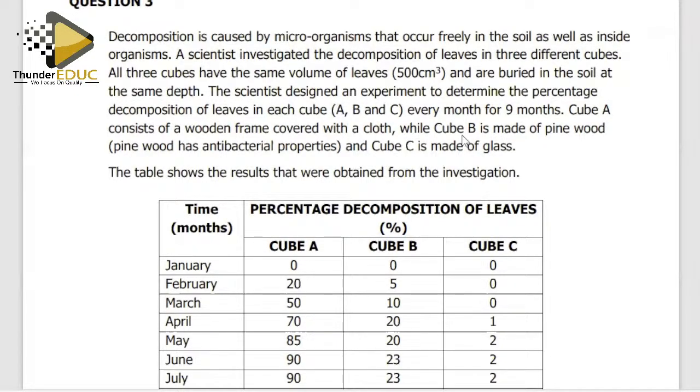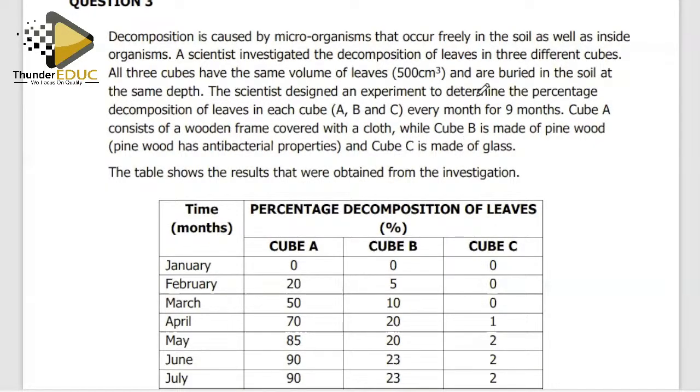They are buried in the soil at the same depth. Scientists designed an experiment to determine the percentage decomposition of leaves in each of A, B, and C every 9 months. Cube A consists of a wooden frame covered with a cloth, while cube B is made up of pine wood, and cube C is made up of glass.